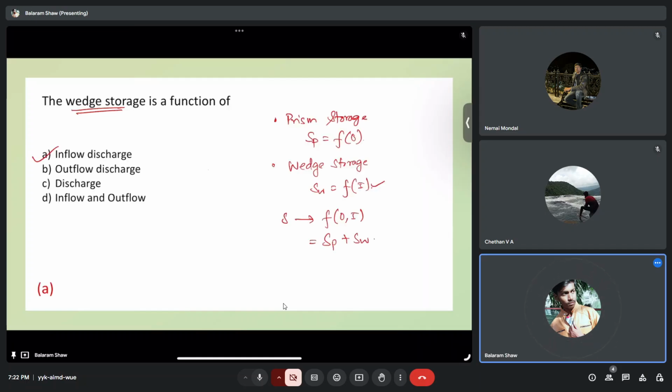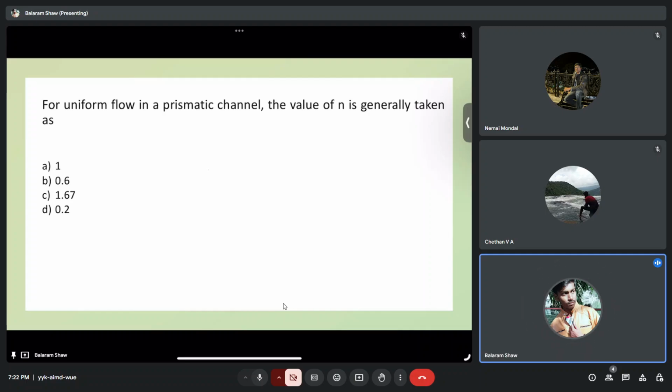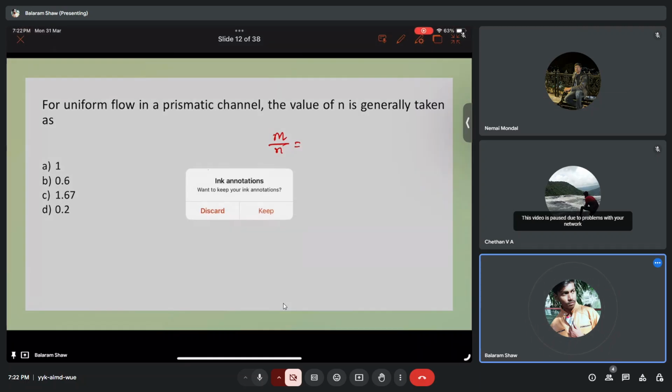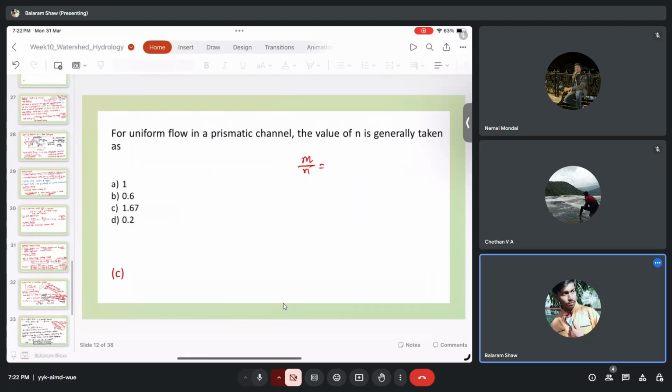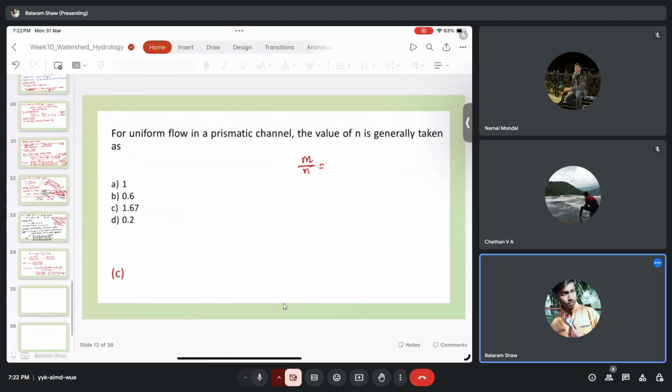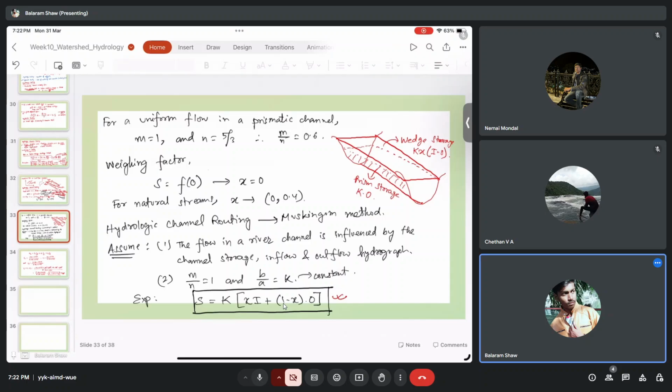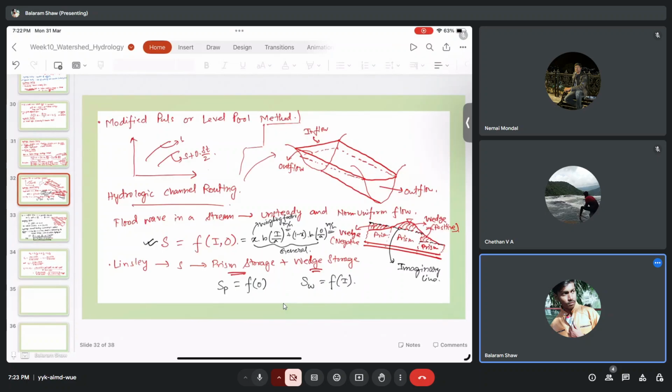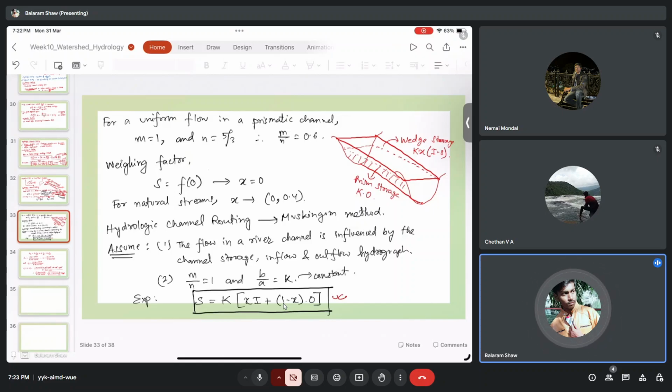Okay. Next question is, for uniform flow in a prismatic channel, the value of n is generally taken as, we know, for uniform flow in a prismatic channel, we consider m by n as how much? Anyone? Just now we have seen, right? Yeah, here. For a uniform flow in a prismatic channel, we wrote m equals 1 and n equals 5 by 3. That is, m by n is equal to 0.6.